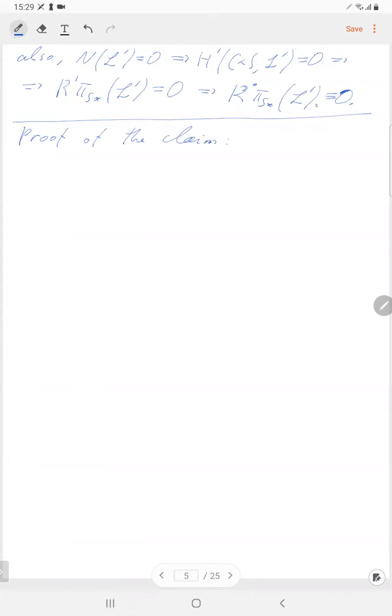So the claim, once again, says that only first cohomology exists. Everything else vanishes.